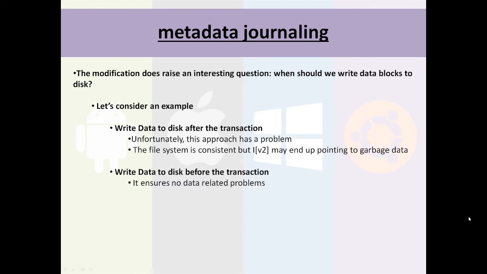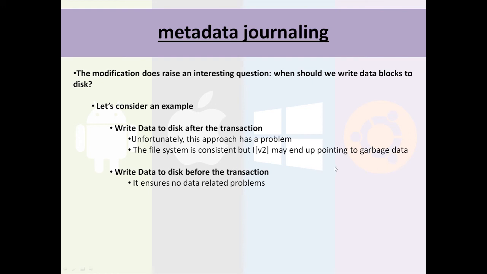This modification does raise an interesting question, and that is, if we're not writing our data in our journal, when should we actually write data blocks to the disk? There's two different approaches, right? The first being, let's write data to the disk after the transaction. Unfortunately, this approach has a problem, as file system inconsistencies might arise, because our inode may end up pointing to garbage data.